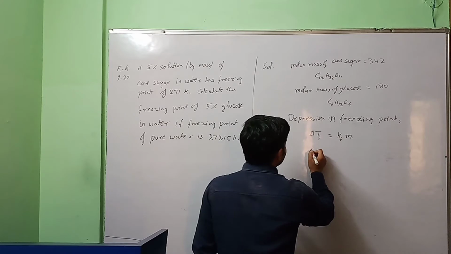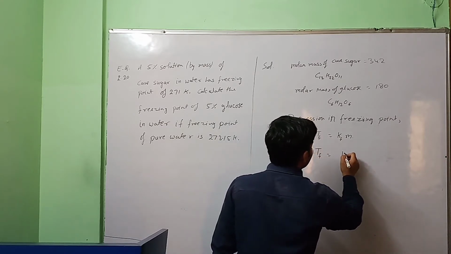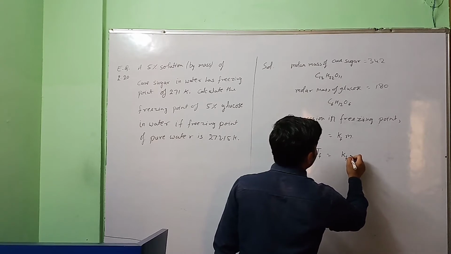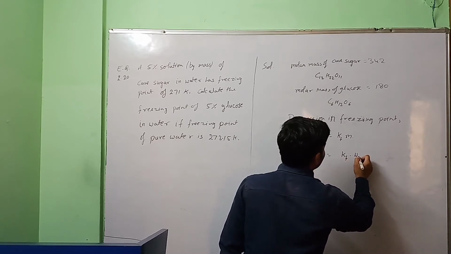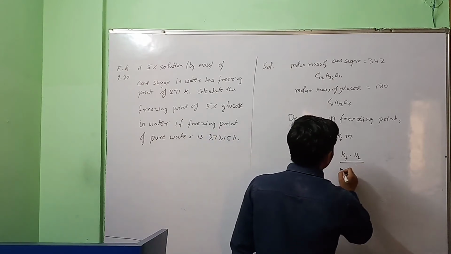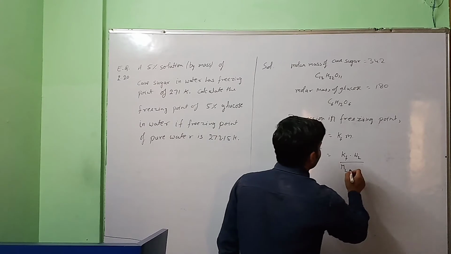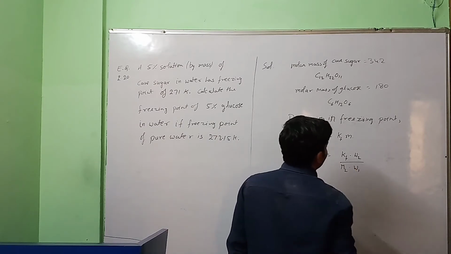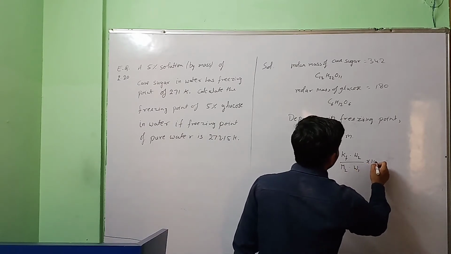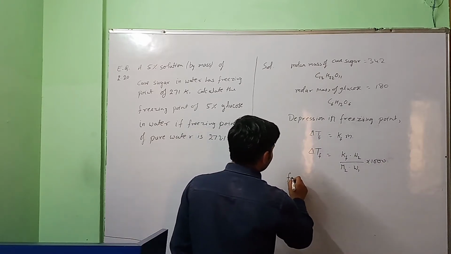This can also be written as delta TF equal to KF into W2, that is the mass of solute, upon M2, that is the molar mass of solute, into W1, the mass of solvent, into 1000.